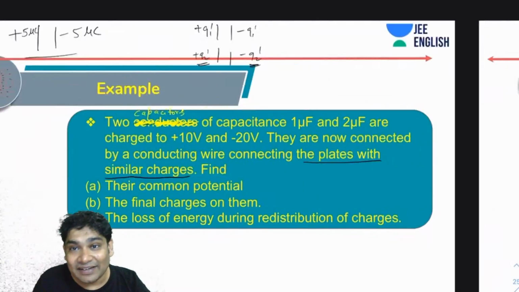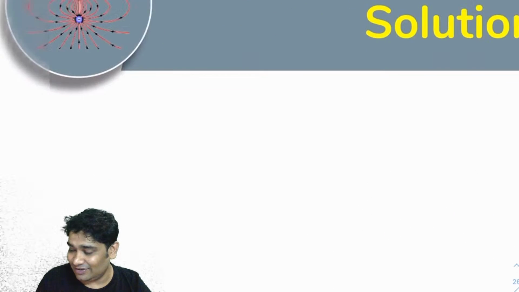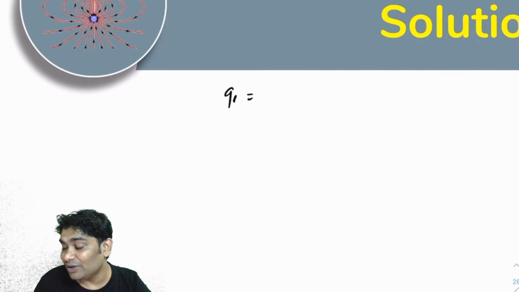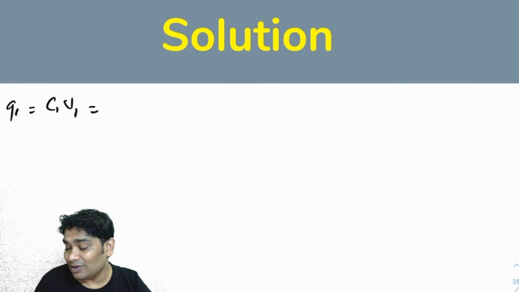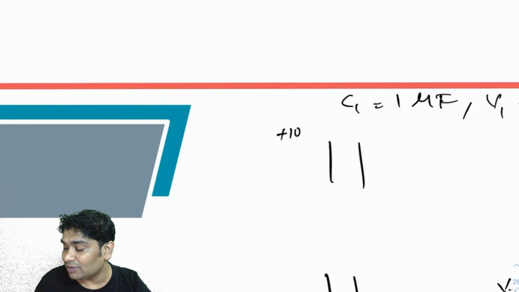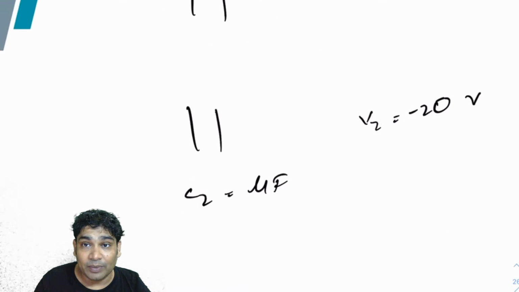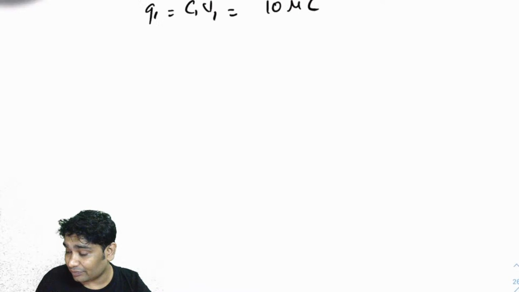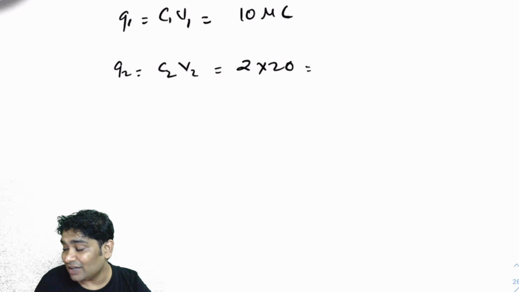So let's try and find the charges on each. What are going to be the charges on C1? I can say Q1 is going to be C1 V1. So that is 1 into 10, so 10 microcoulombs. You will have plus 10 microcoulombs here and minus 10 microcoulombs here. How about on the other one? It would be C2 V2, which is 2 into 20, that is 40 microcoulomb.